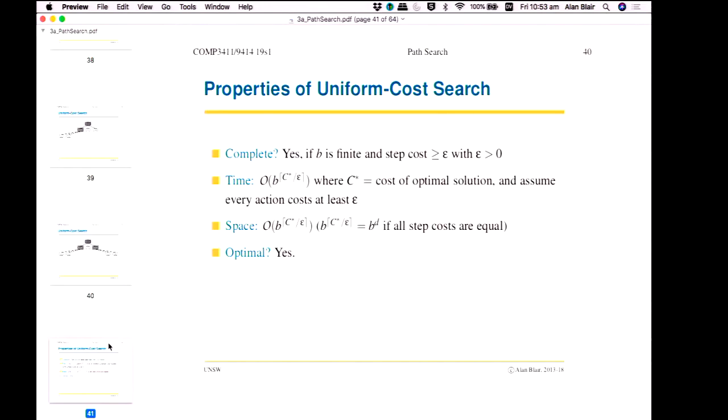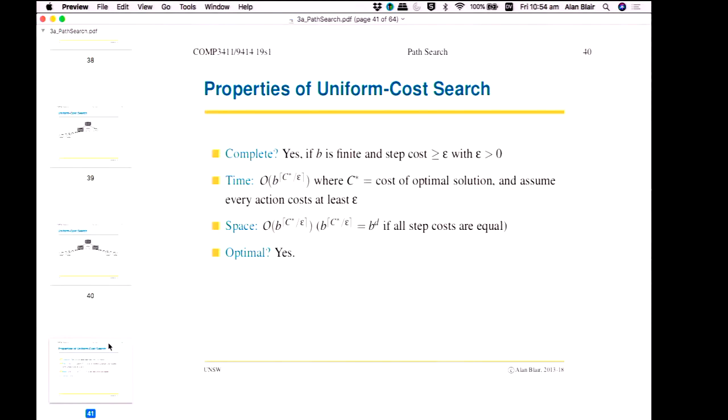It's complete. As for the complexity, the idea here is, let's suppose that the actual shortest path cost is C star.